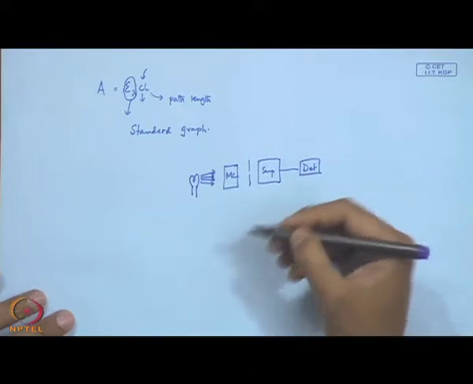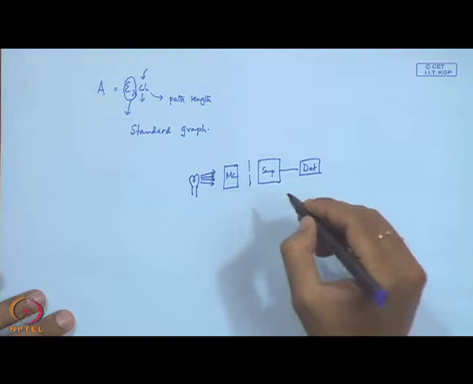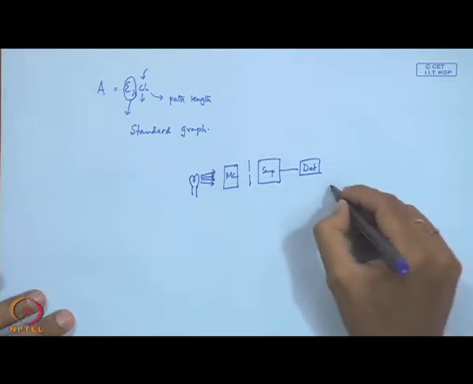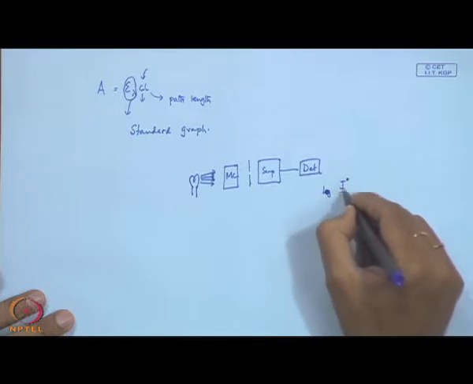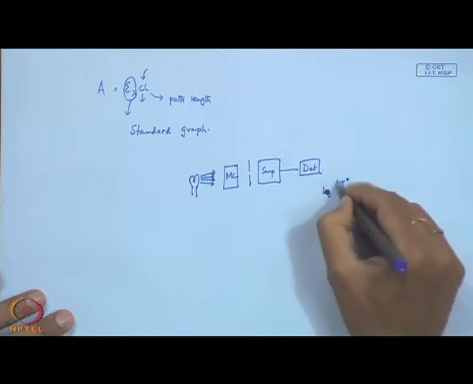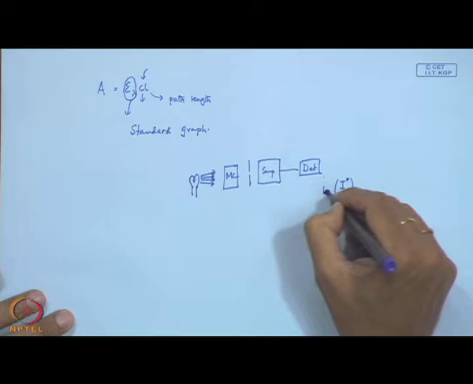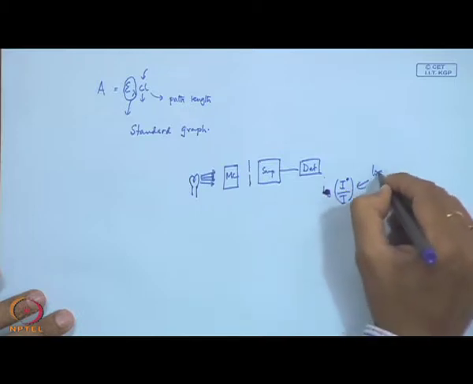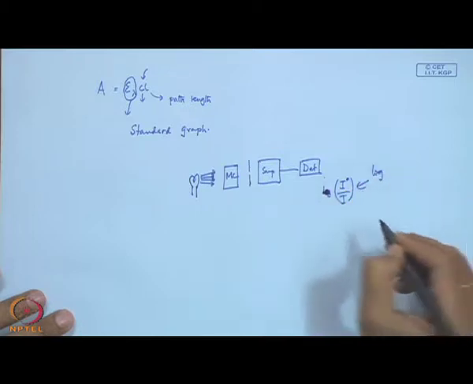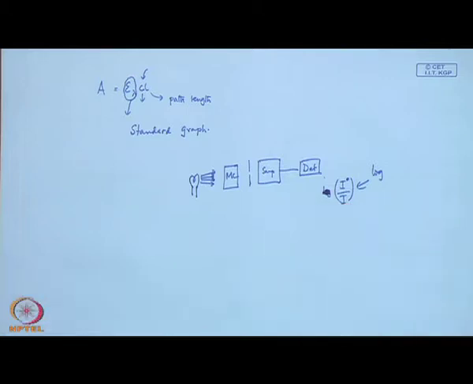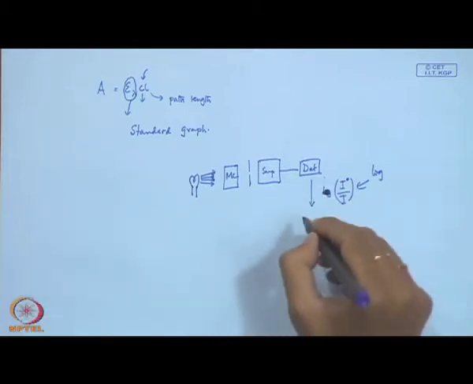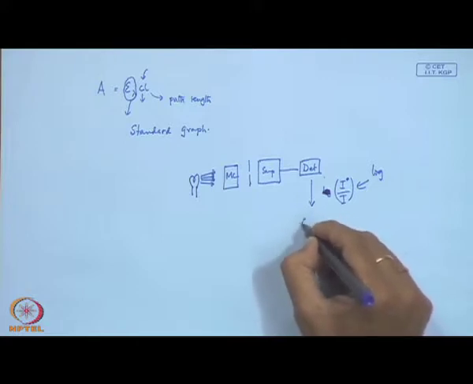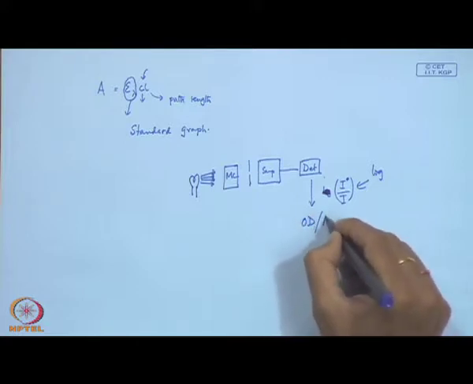Then you take the ratio I0 by I and take the logarithm of this, which gives you the OD. The detector output is fed into a computer, and the computer gives you OD, or absorbance.